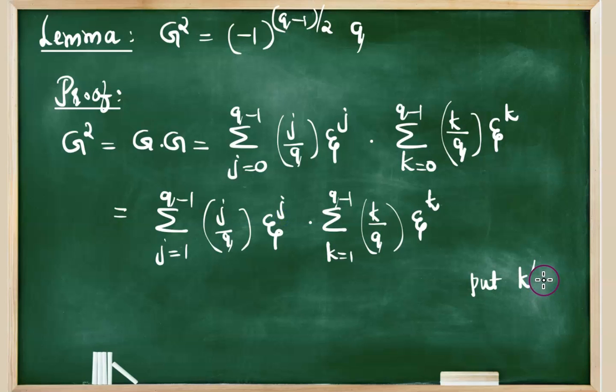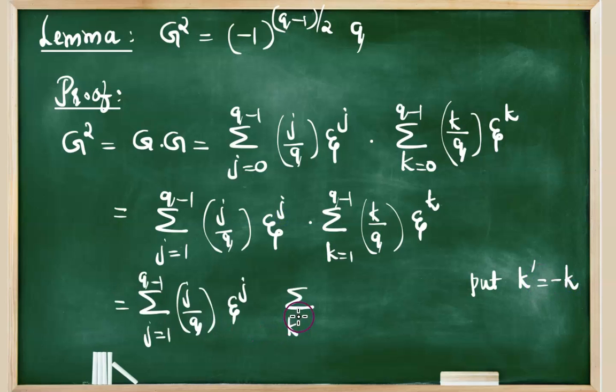Now put K dash equal to minus K. Then the summation is over K dash varying from minus 1 to minus of (Q minus 1).